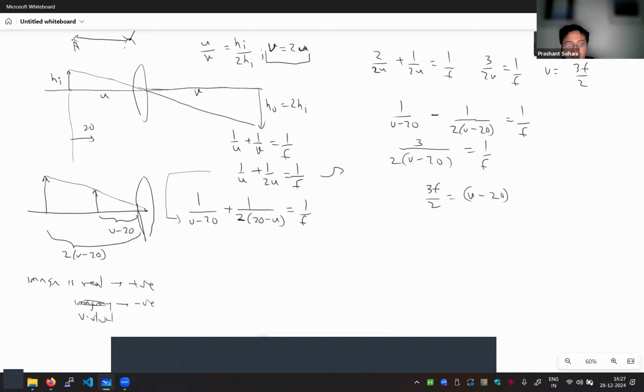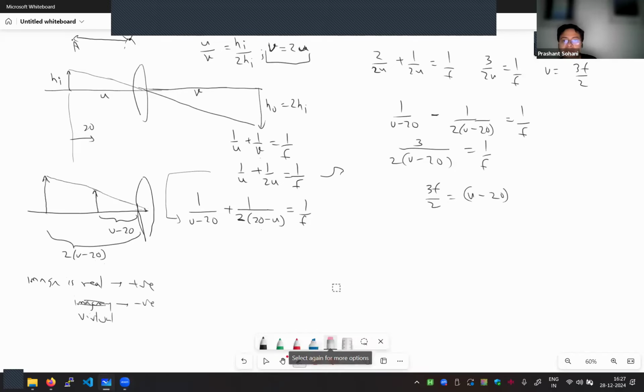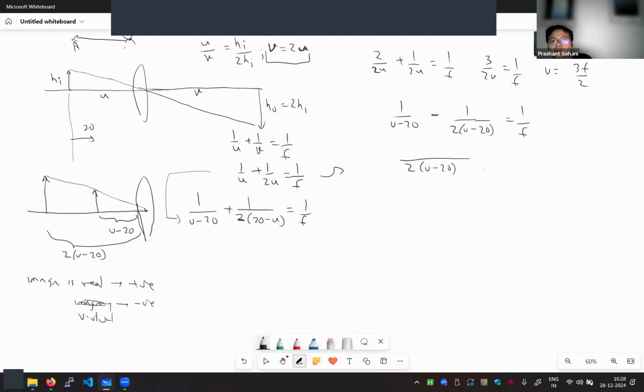Oh, sorry, wait, I made a mistake here. So when I take the LCM, so denominator 2 minus 1 is equal to 1 upon f. So this is the simplified version of both the equations.